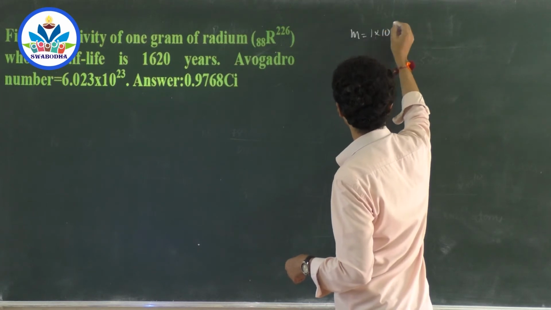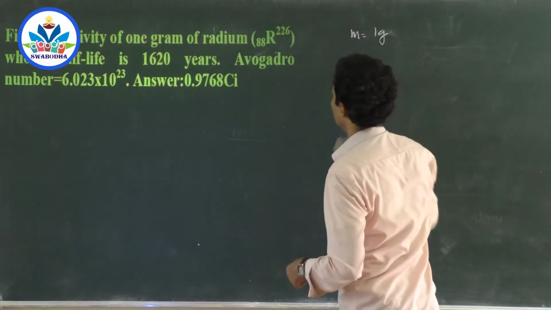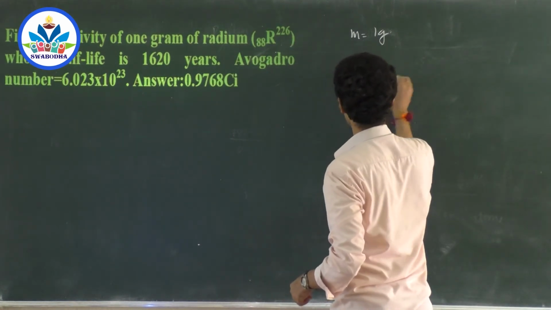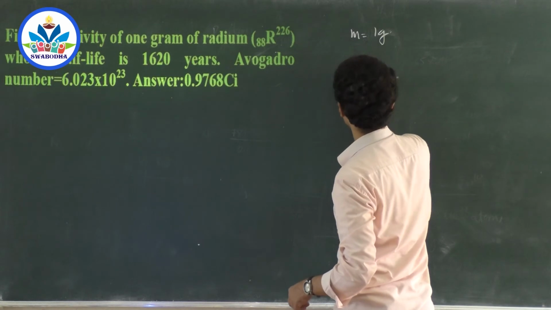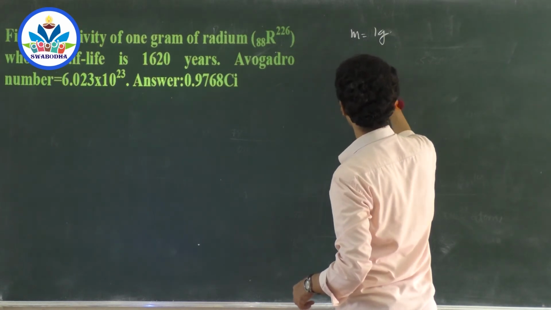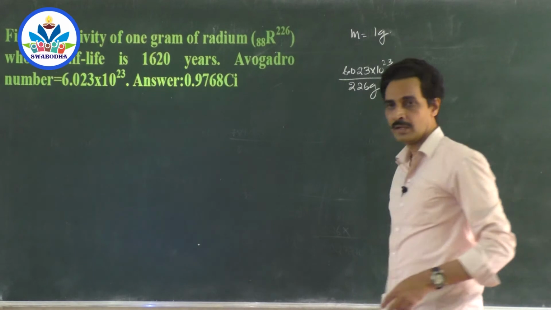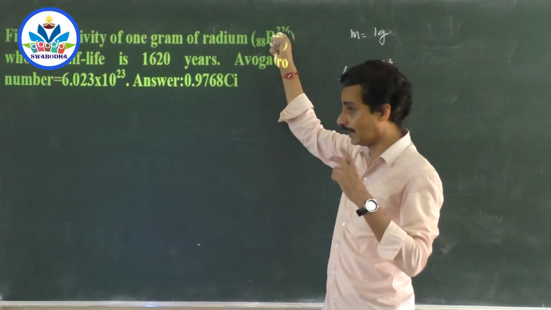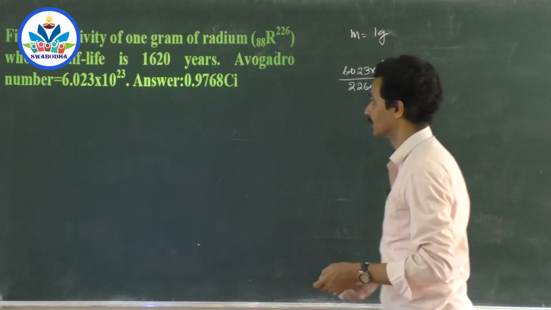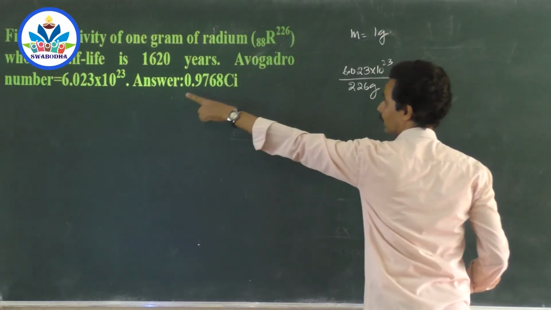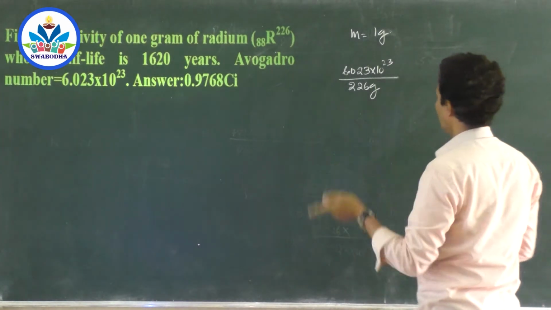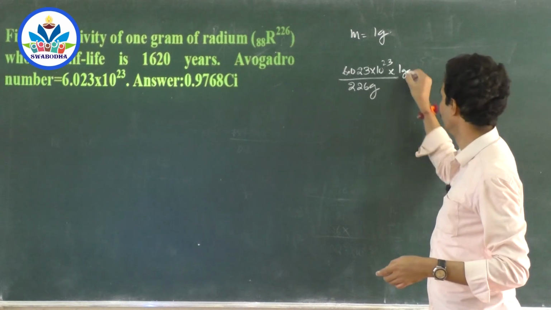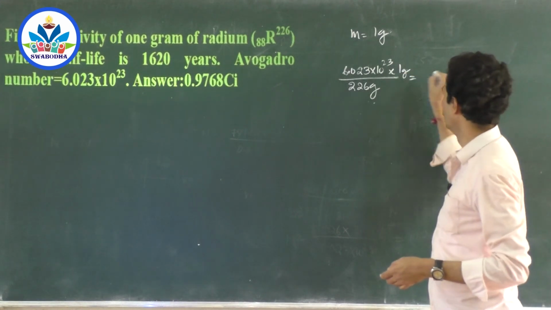Now 226 gram contains Avogadro number of atoms, 6.023 into 10 to the power 23 atoms. 1 mole of radium contains Avogadro number of atoms. What about 1 gram? I need not convert it into kg because this is also gram. If I convert it, then both will get cancelled.